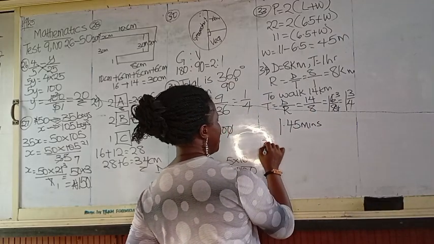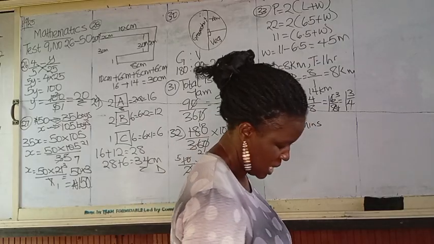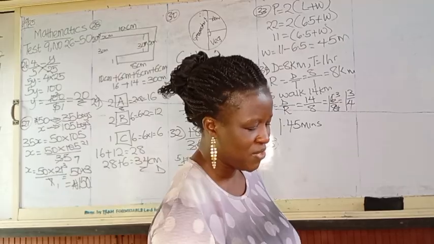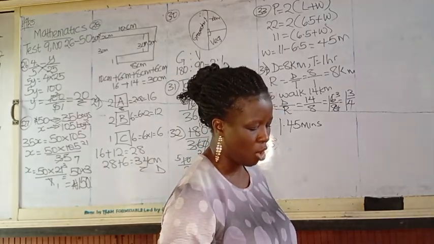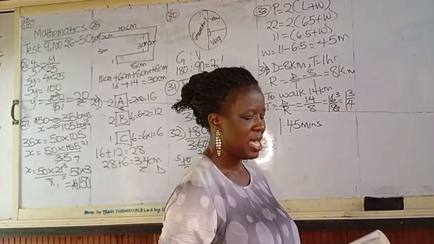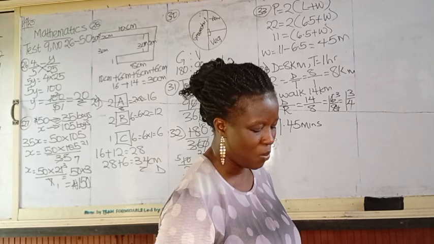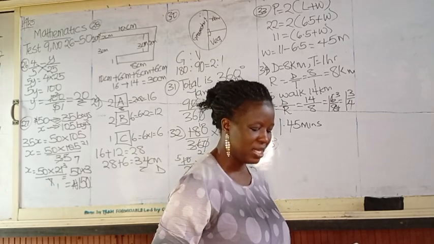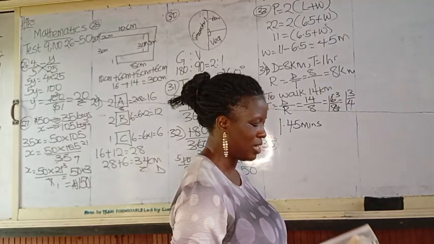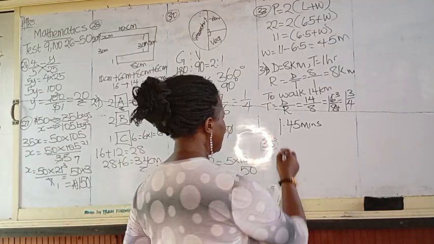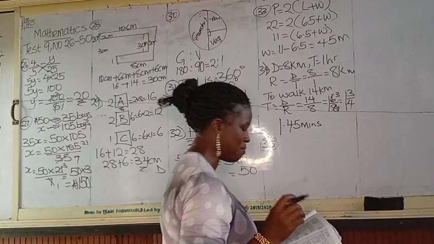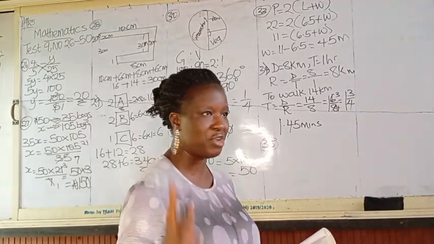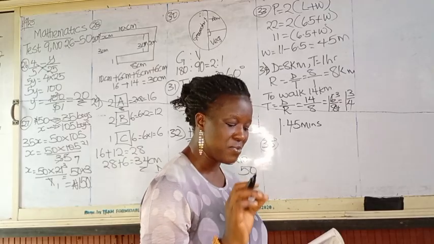Number 35. The question says, in a town, market fees of 15 kobo are collected from every trader. If there were 750 traders in the market last Friday, how much should have been collected as fee? One trader is paying how much? Every trader is paying 15 kobo.